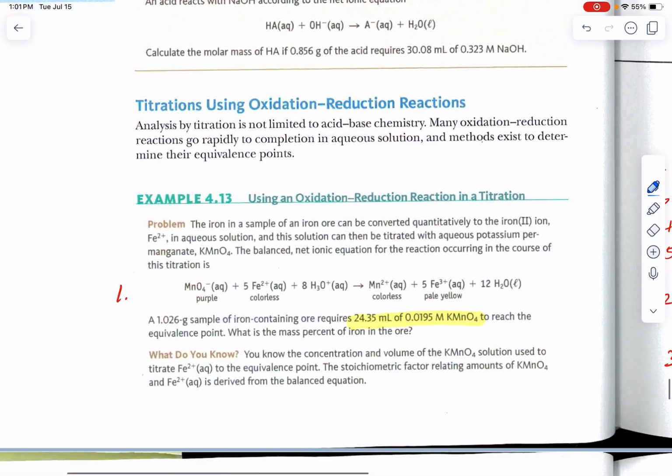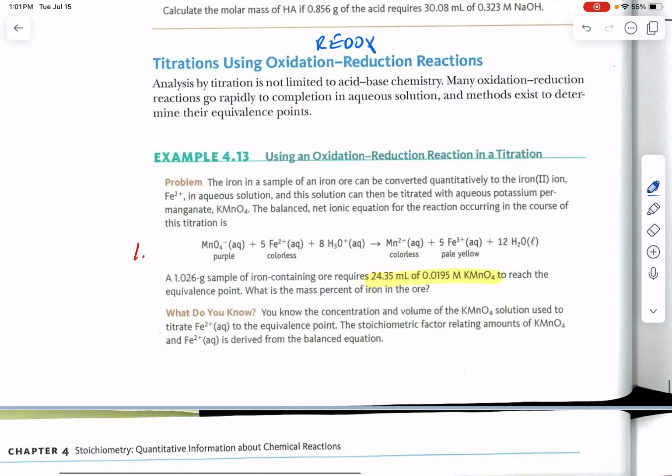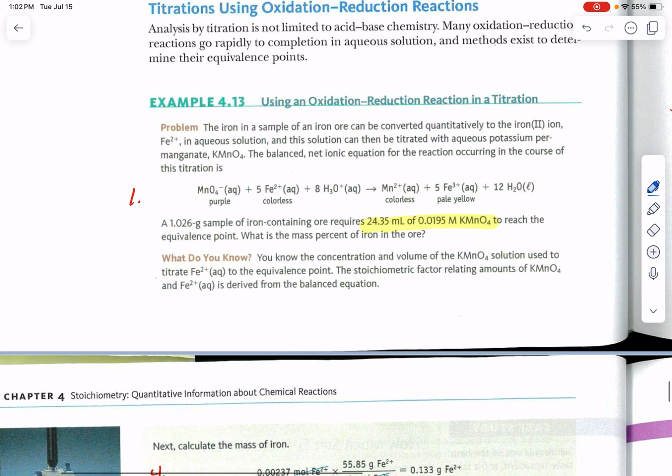Another kind of titration we can do is oxidation reduction, or redox titrations. And here we're going to be focusing on the transfer of electrons. And in this particular problem, you're given the net ionic equation. The spectator ions have already been canceled out.